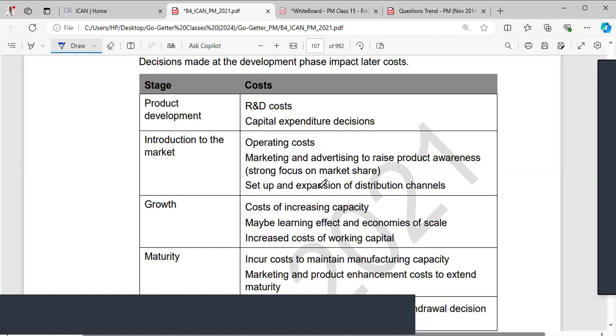But most times it's going to be a discussion, talk about the stages and the kind of cost that you'll incur. Sometimes they will mix it up with target costing, where you will now do a calculation on target cost. Sometimes they will bring it up with the learning curve.